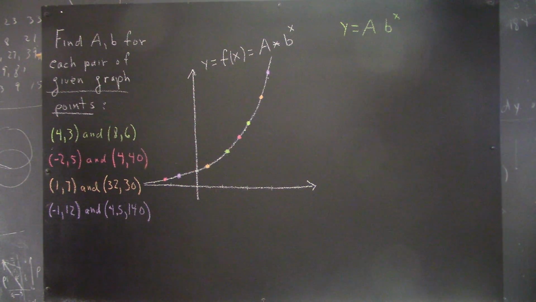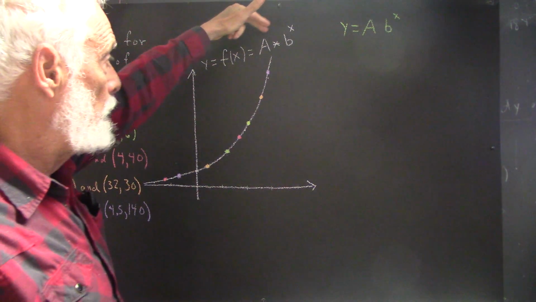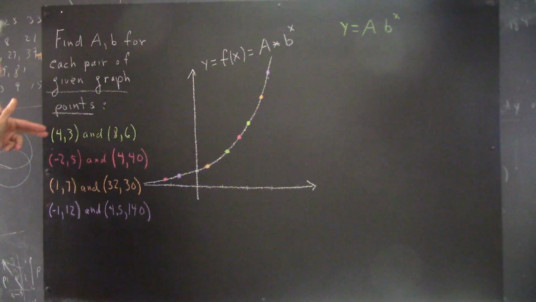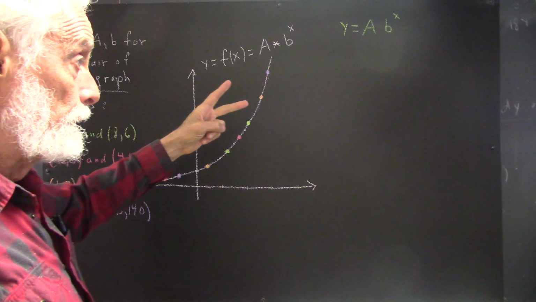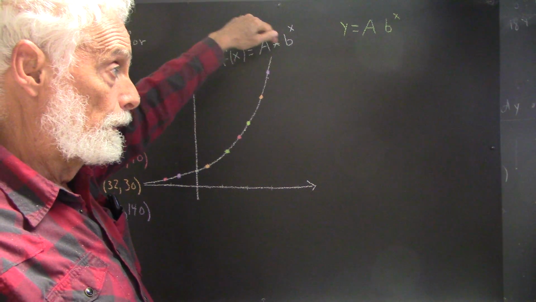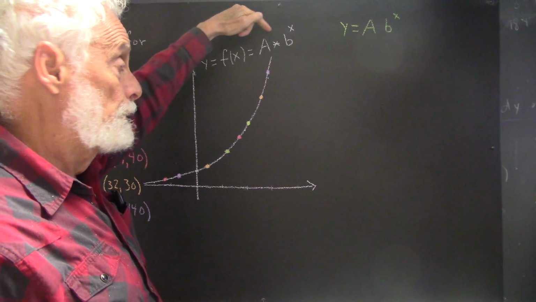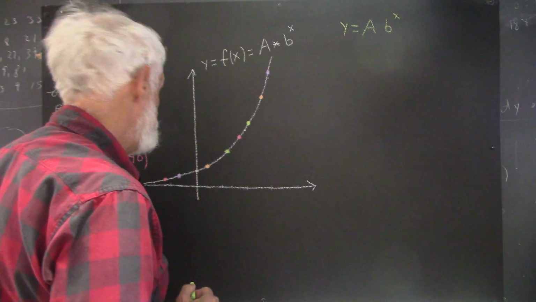Okay? Now, what I'm asking you to do is find the values of a and b that make this function fit those points. Okay, there are 2 parameters in this equation. A is a parameter and b is a parameter. These are just parameters or numbers that can be adjusted to make something fit.